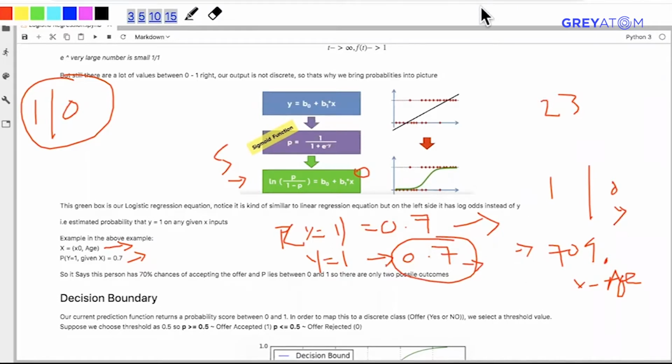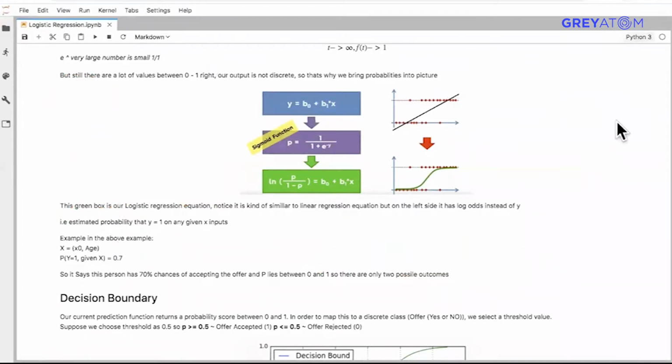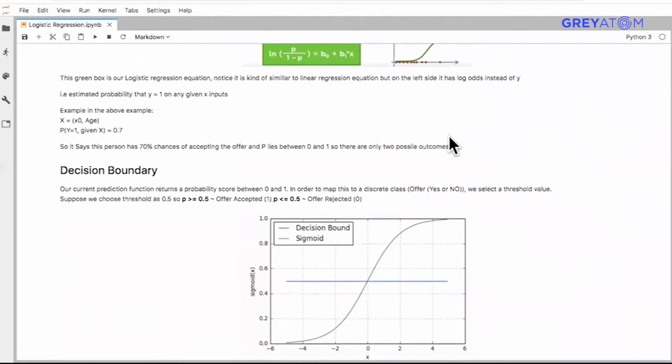No problem. So I was talking about how we now have probabilities, and probabilities go from 0 to 1, right? It could be anything: 0.05, 0.75, 0.65, or something like that, right? Let me just clear this. And let's talk about how we limit our probabilities to 0 and 1.